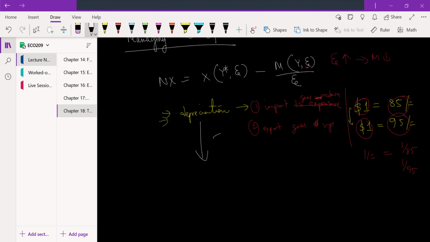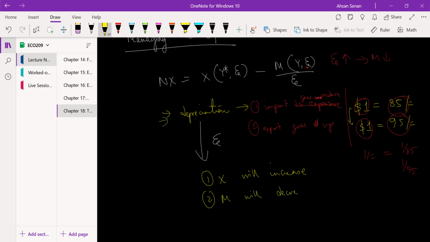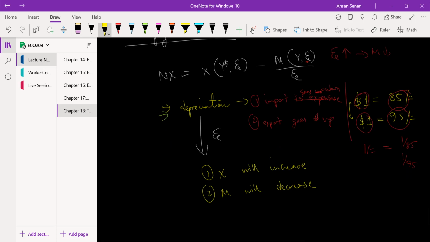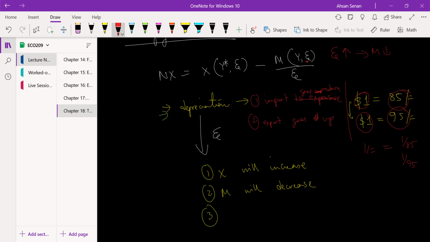Okay, so when E changes, the first thing that will happen is export will increase. We've talked about why. Second thing that will happen, import will decrease. We've talked about this as well. These are the two obvious things that will happen, but a third thing will also happen, and this is the important thing.